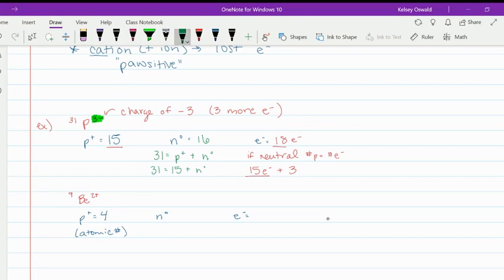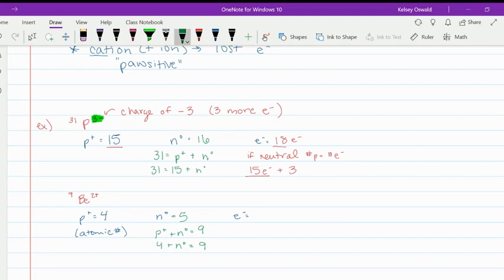To find our neutrons, we're going to find the same thing that we did in the previous problem. We know our protons plus our neutrons contributes to our overall mass. So that means our number of protons of 4 plus our number of neutrons has to equal that mass number of 9. So that means this isotope is going to have 5 neutrons.